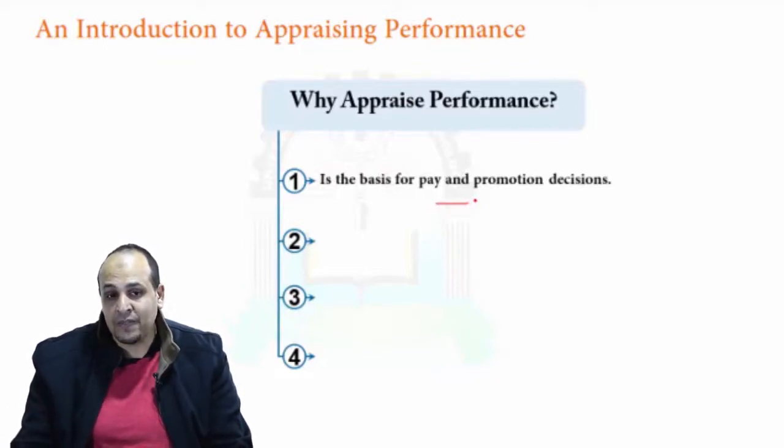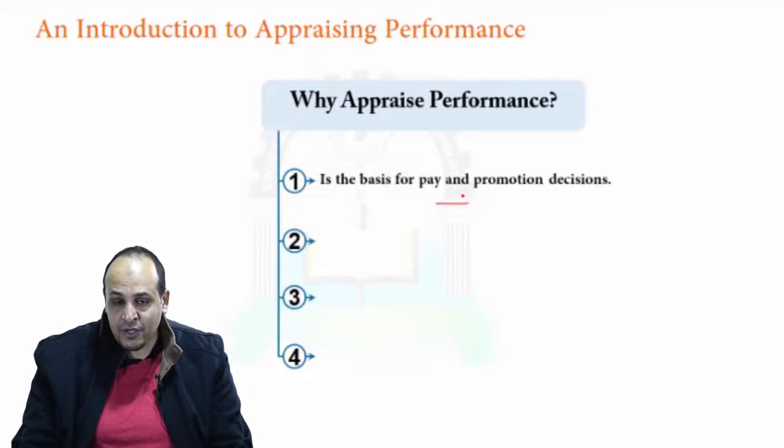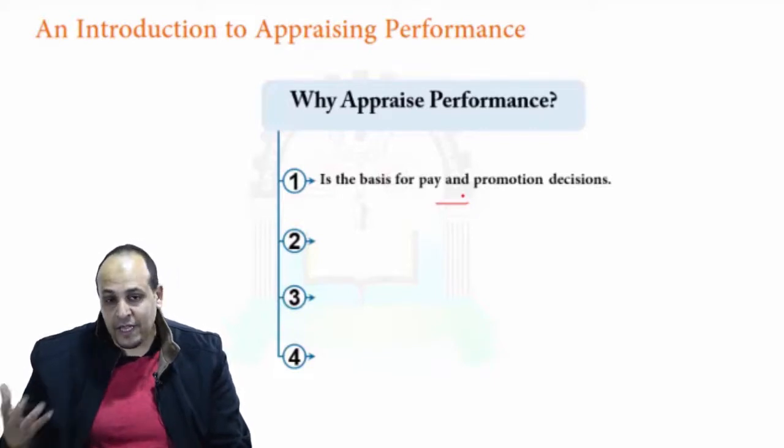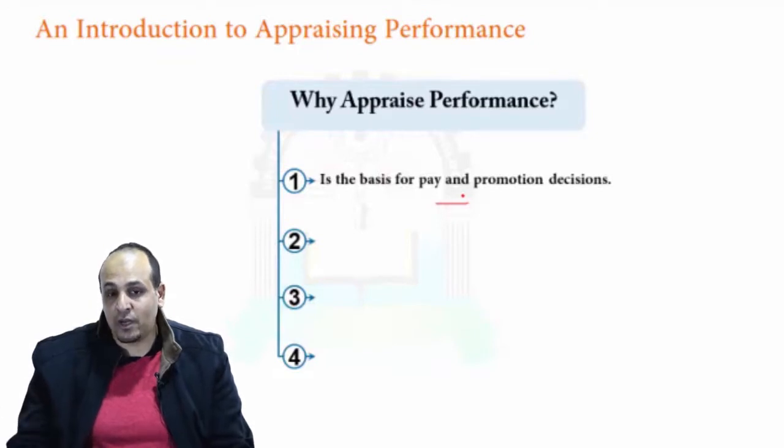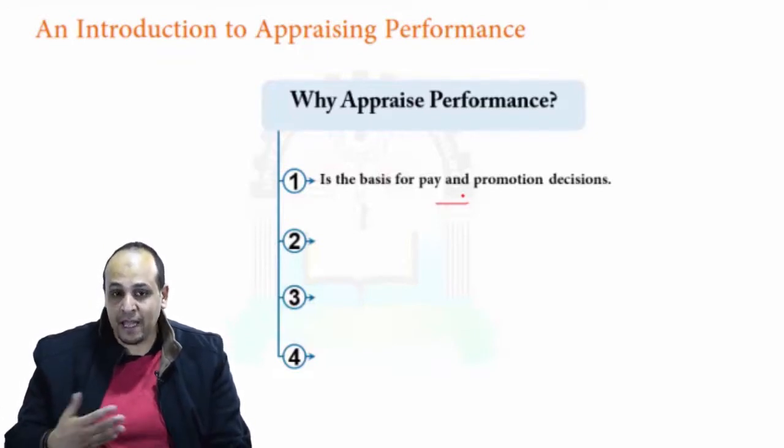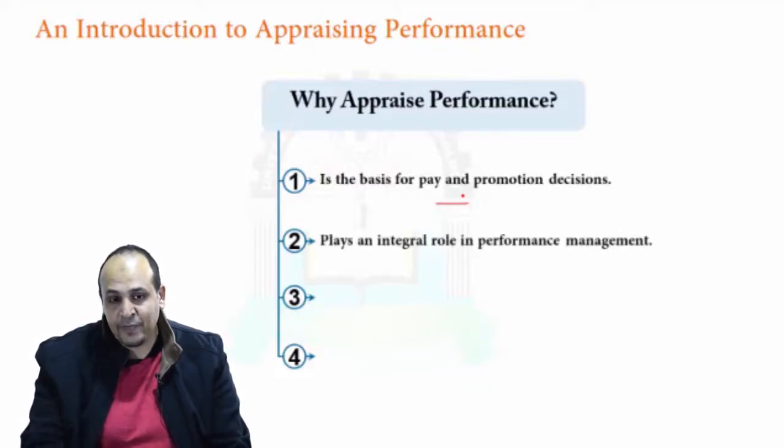For example, the result of good performance appraising can be a promotion decision. So based on the outcome for the employees and the performance that has been measured, correct and accurate decisions associated with promotion and pay can also be made.